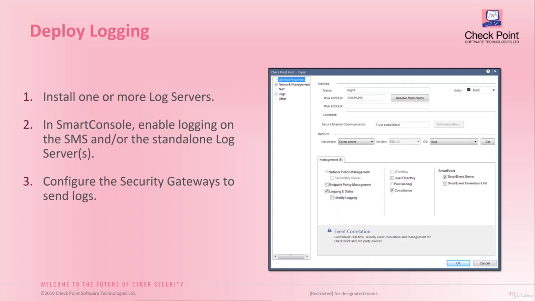And you have to configure the security gateways to override their default setting of sending log data to the management server and instead configure them to send log data to the log server. That's a setting in each security gateway's Check Point object, and I'll demonstrate that.